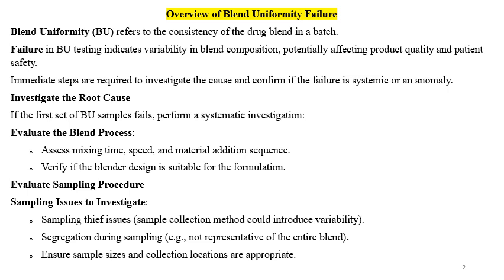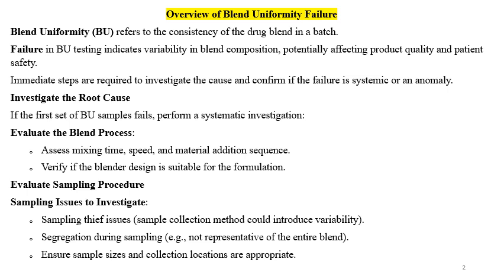Investigating the root cause is important. If the first set of BU samples fails, then a systematic evaluation is performed. Generally, if one set fails, then another set is tested.